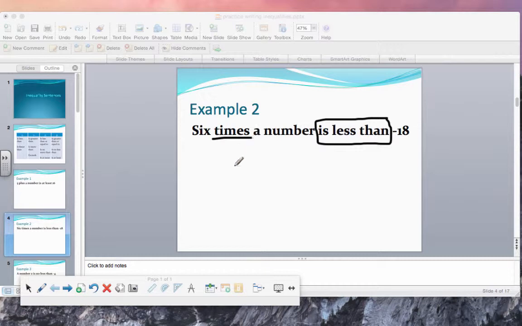So 6 times a number, we don't know the number, I'll call it n. So 6 times n is less than, that one's nice and straightforward, less than negative 18. So there's my inequality. We're going to do 2 more together.